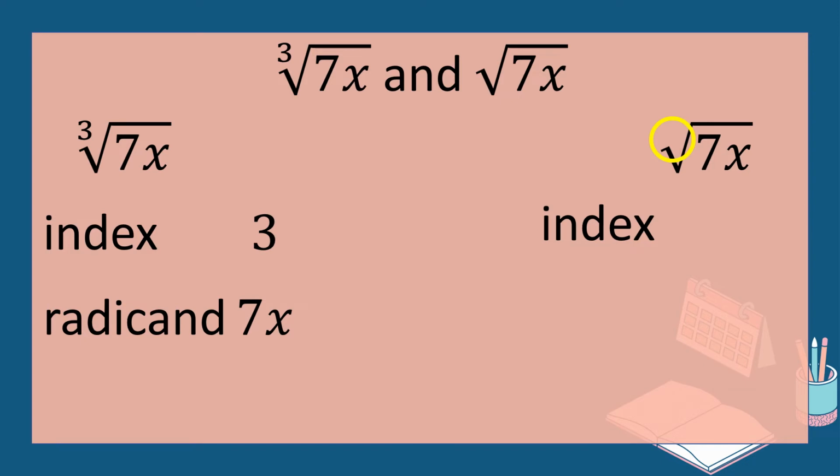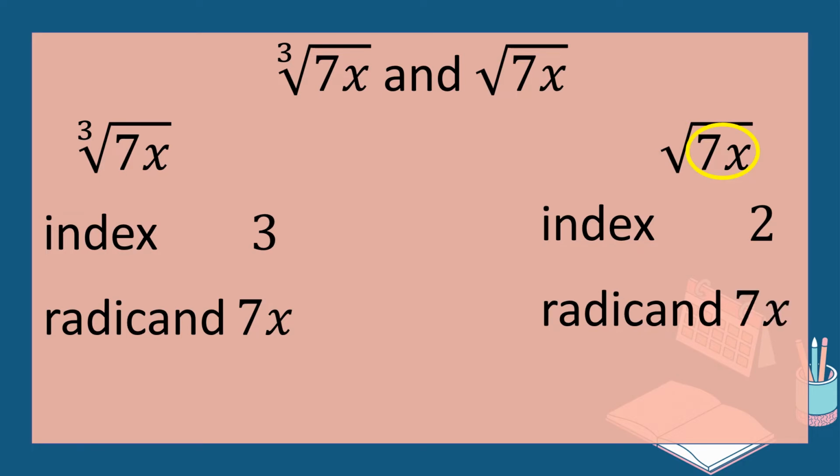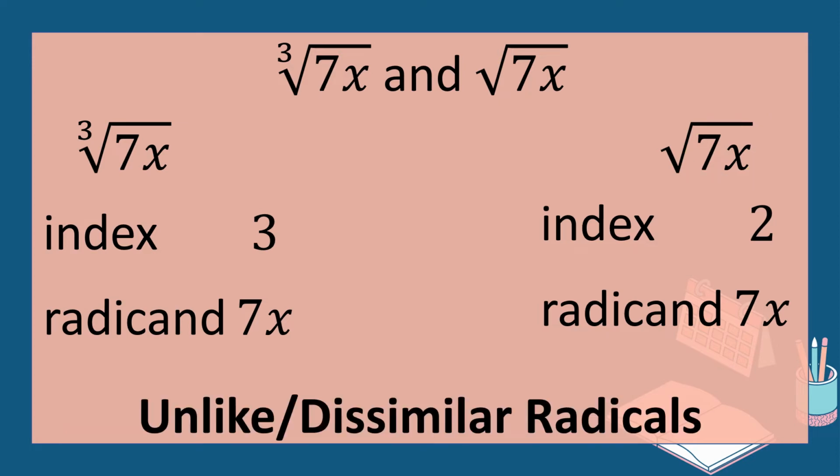Our index is equal to 2. The radicand is equal to 7x. The indices are different, and the radicands are the same. Therefore, the given radical expressions are unlike or dissimilar radicals.